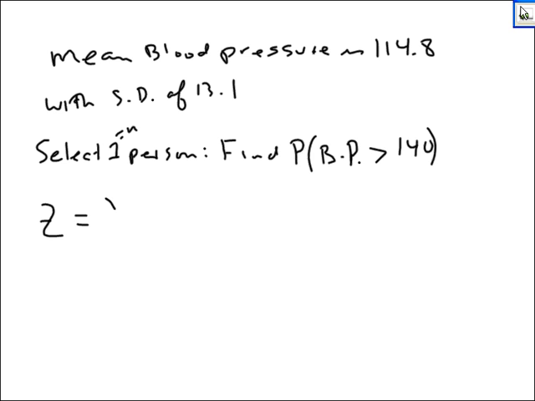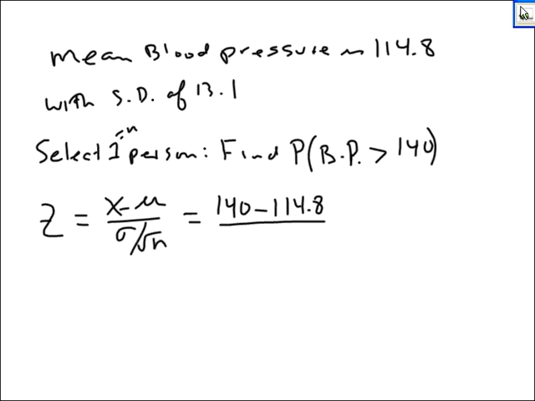So z is x minus mu over sigma, and we'll always say over the square root of n this time. The score in question is 140. The mean is 114.8. We divide by the standard deviation of 13.1 divided by the square root of 1. The rule for dividing by the square root of 1 is the rule for dividing by 1: don't bother.